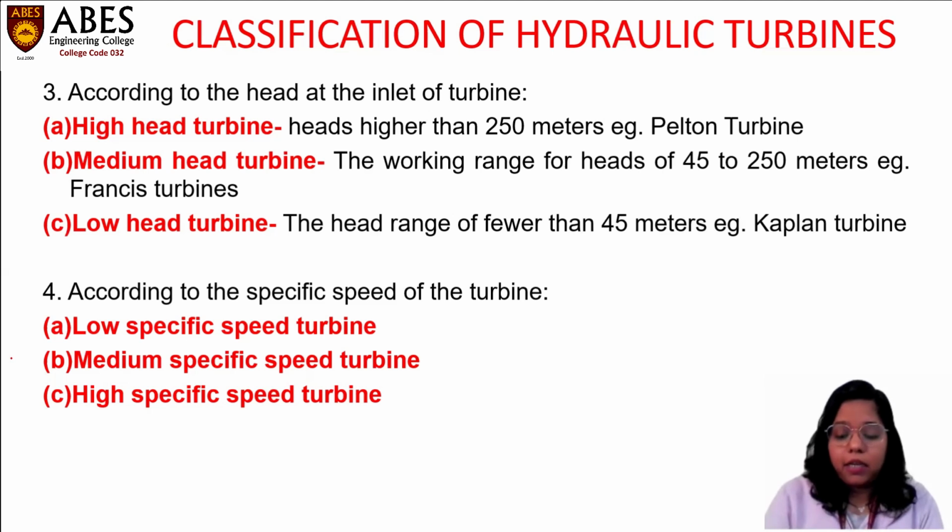If the specific speed is less than 50 rpm, it will be termed as low specific speed turbines. Then it varies from 50 to 250 rpm, which comes under medium specific speed turbine category. And when the specific speed is more than 250 rpm, that will be termed as high specific speed turbines. These are the classifications of hydraulic turbines.